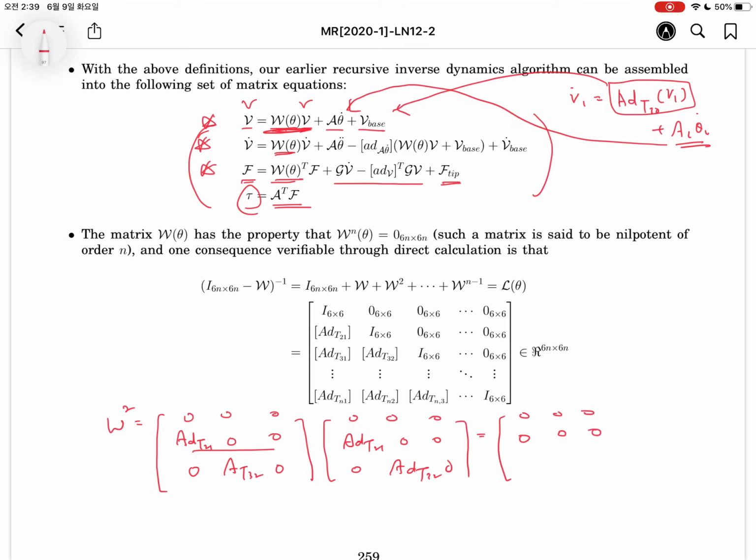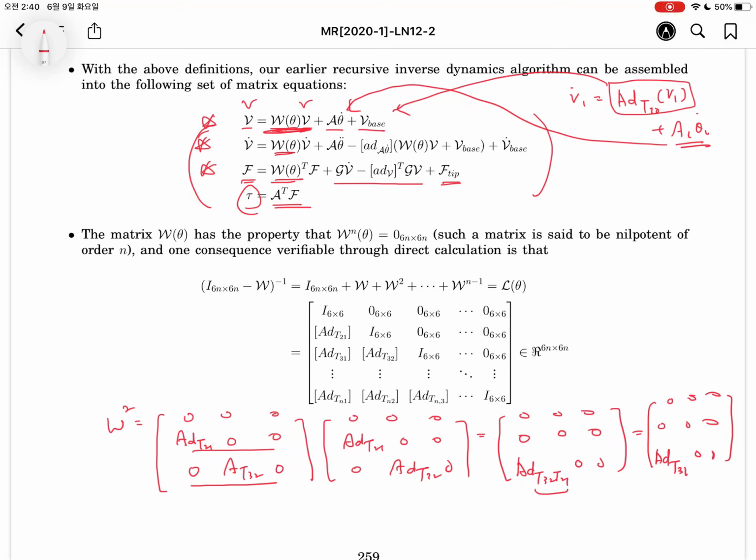This is 0. On the other hand, this will be the adjoint map T32 times T21 and 0, 0. So it can be combined to denote 0, 0, 0, 0, 0, 0, adjoint map T31, 0, 0.